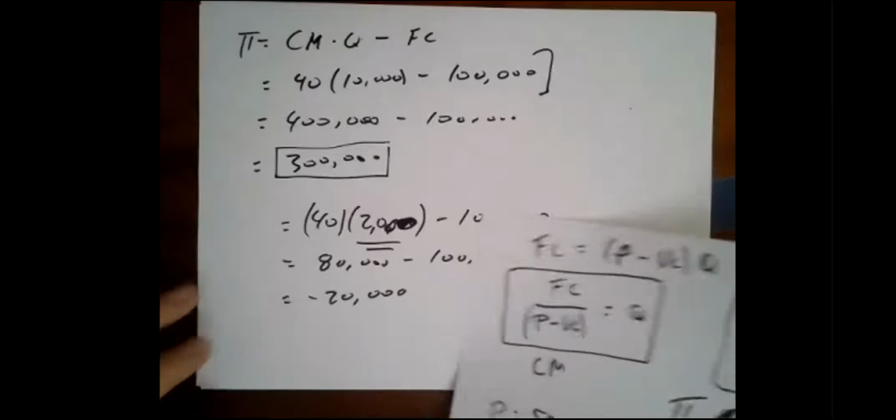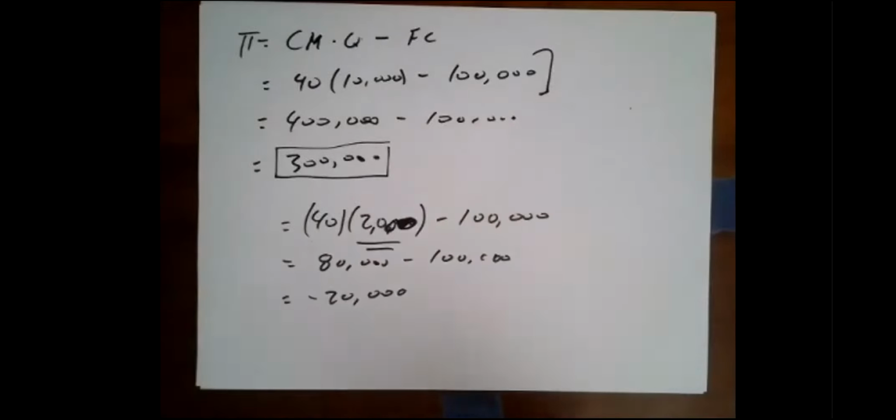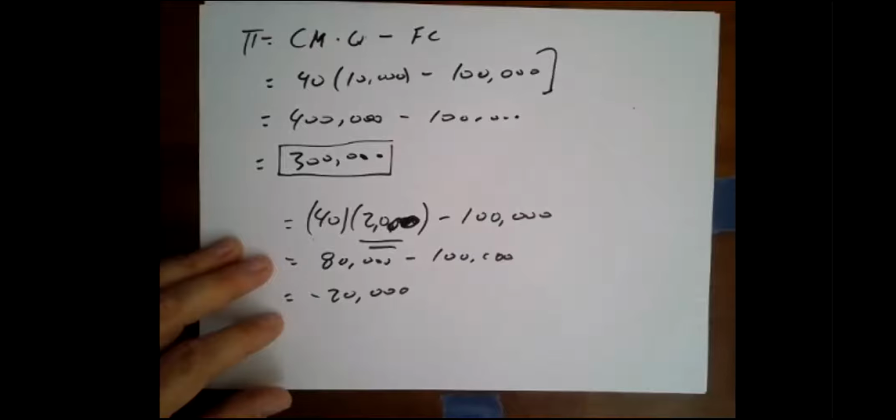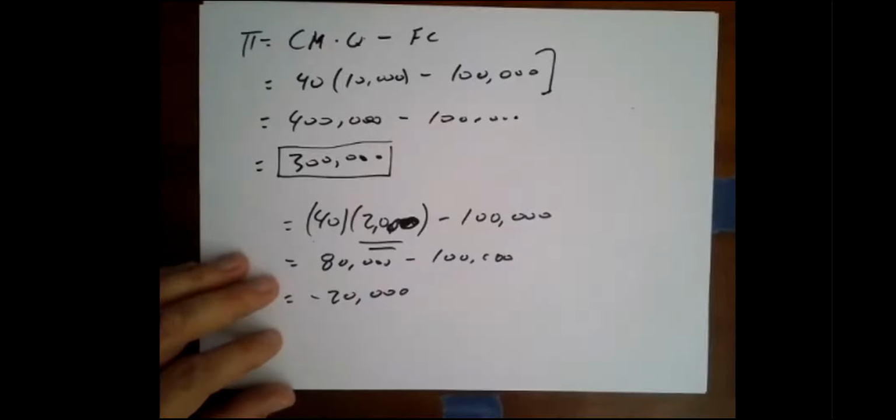Either one allows you to calculate the level of profit. And if your volume is greater than the break-even amount, you should expect to see a profit. If the volume is less than the break-even point, then you're going to see a loss.